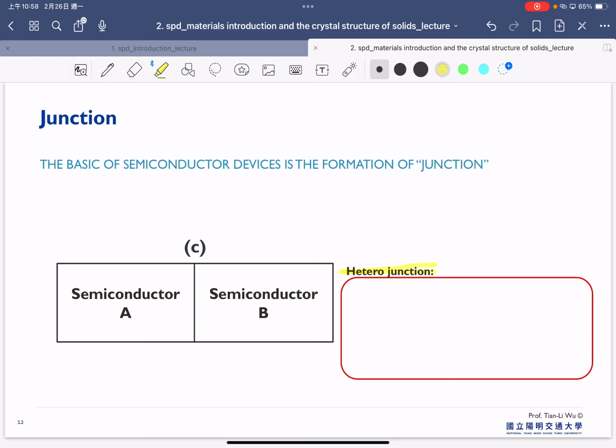For example, the LED, and the second is the laser diode. And the third one is the HBT, whose full name is heterojunction bipolar transistor.